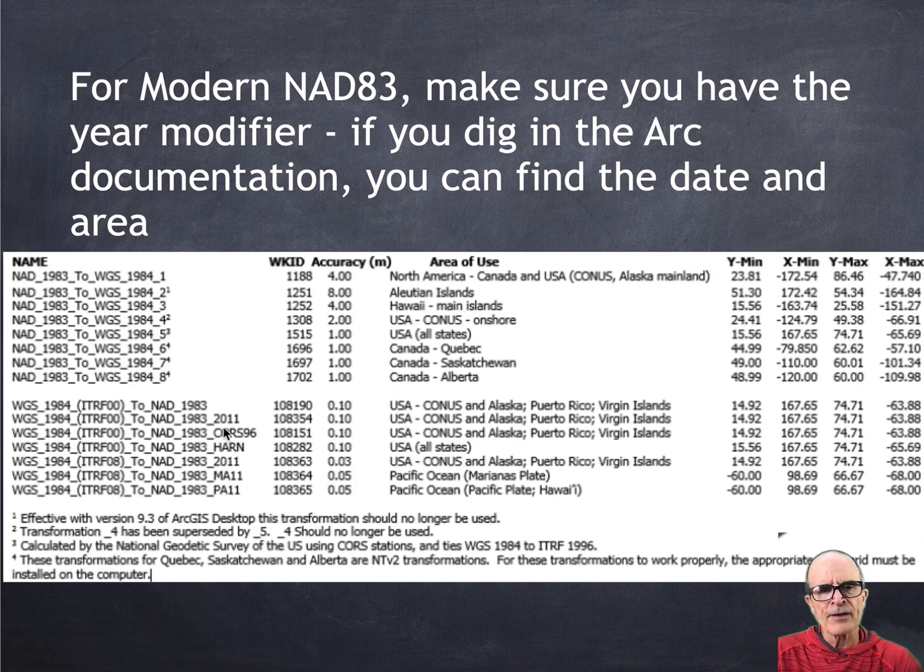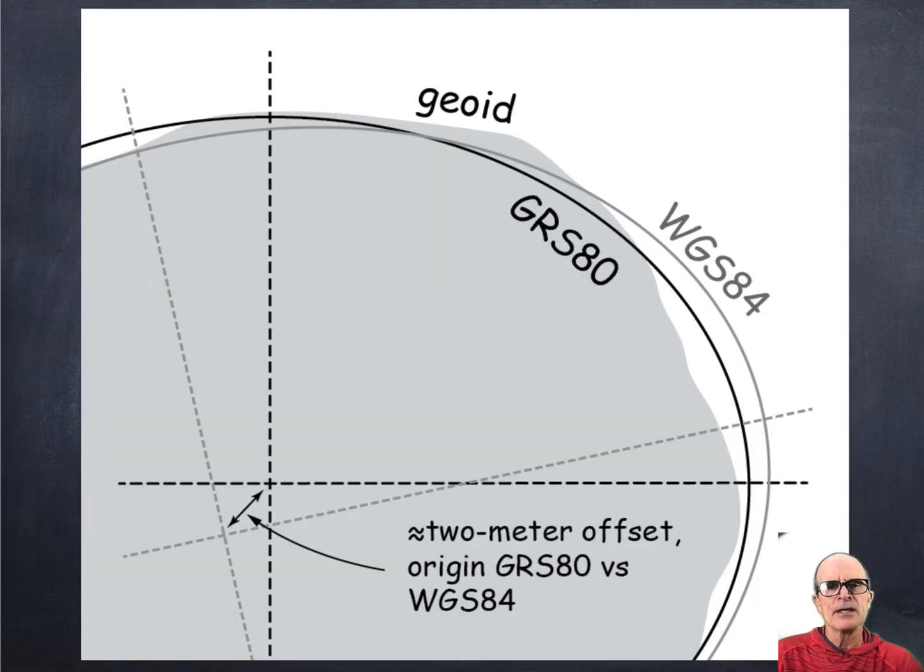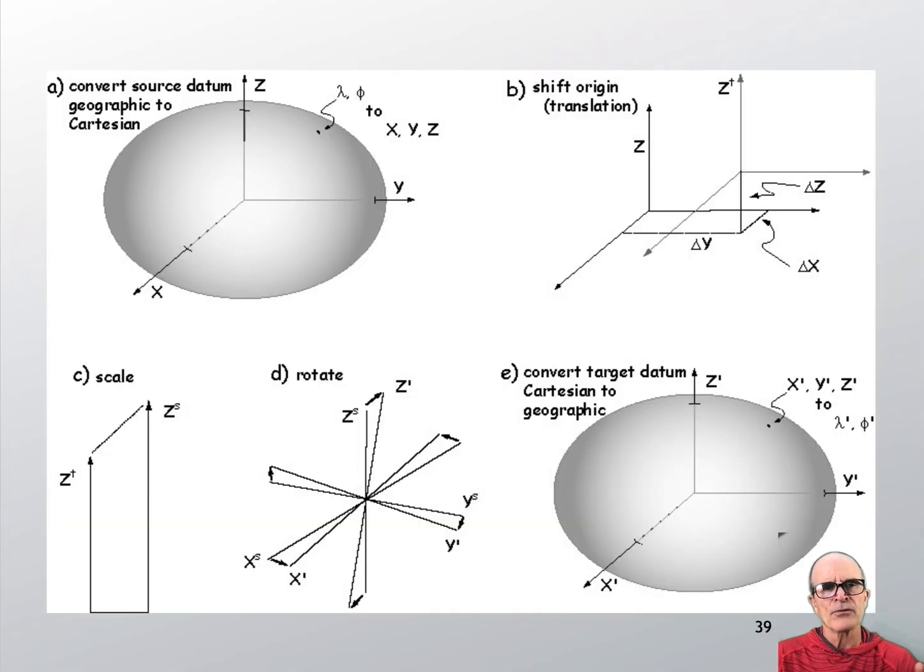If it's ITRF or it's NAD83 2011. So you need to know what the modifier is for your datum. Again, remember, a datum is a set of points mapped on the surface of the Earth and the coordinates that go with them. And if we have different geoids, we're going to have different coordinates and hence different datums. And we need to use the datum transformation to go from one datum to the next, even if we're staying in the same Cartesian coordinate system. So, hope that helps.